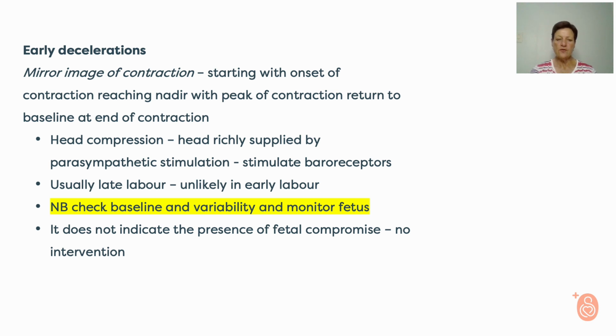So be careful, because we usually say that if the baseline is good, and that's why it's been highlighted here, and there's good variability, early decelerations are not abnormal. It's quite normal. There's no hypoxia, etc., as long as the baseline and the variability are normal. But as I've said, if it happens in early labor, it's highly unlikely to be an early deceleration.